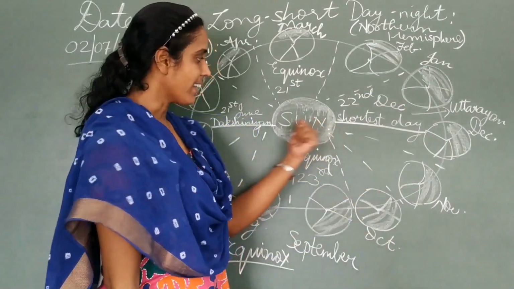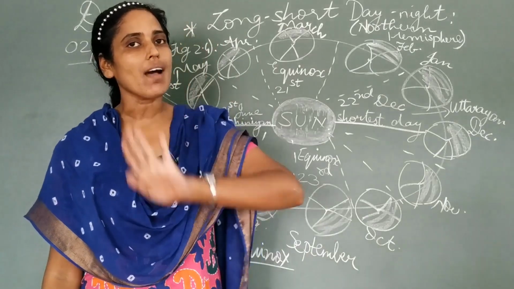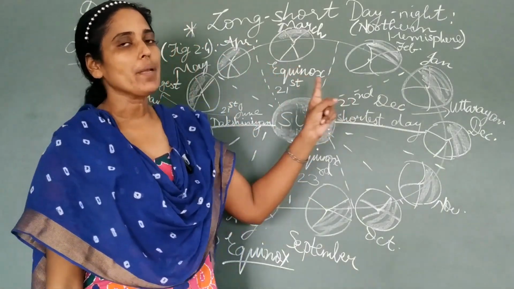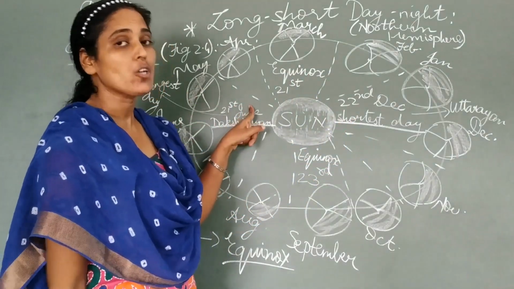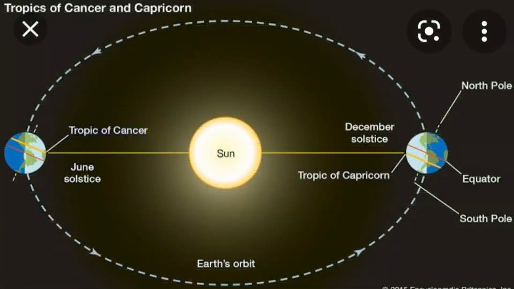So from this diagram, what can we conclude, students? That sun rays fall directly on the Tropic of Cancer on 21st June and on the Tropic of Capricorn on 22nd December. When sun rays fall directly, and the adjacent or nearby areas, we have long days and short nights.